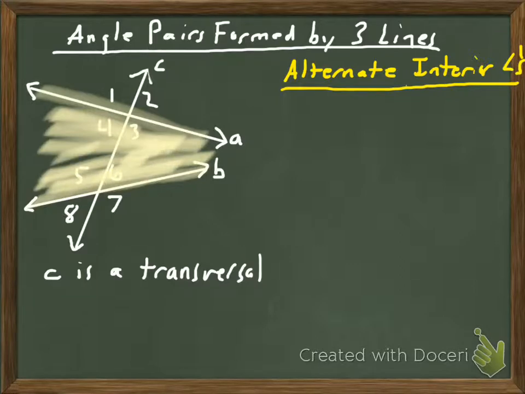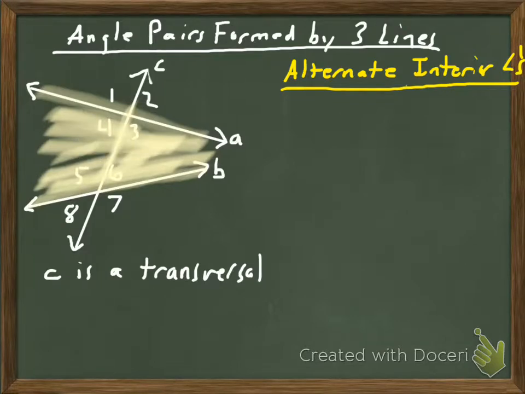And then when we're talking about alternate, the alternate portion refers to the fact that one of the angles in this pair is on one side of the transversal and the other angle is on the other side of the transversal. So we've got to look at the transversal, okay? Alternate interior angles have to be on different sides of the transversal.